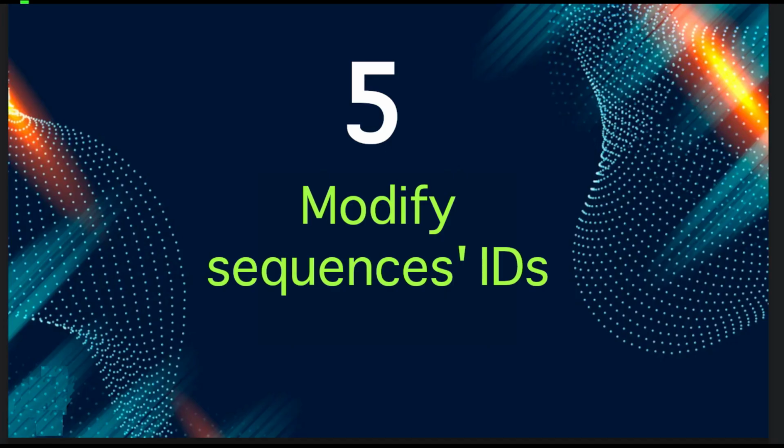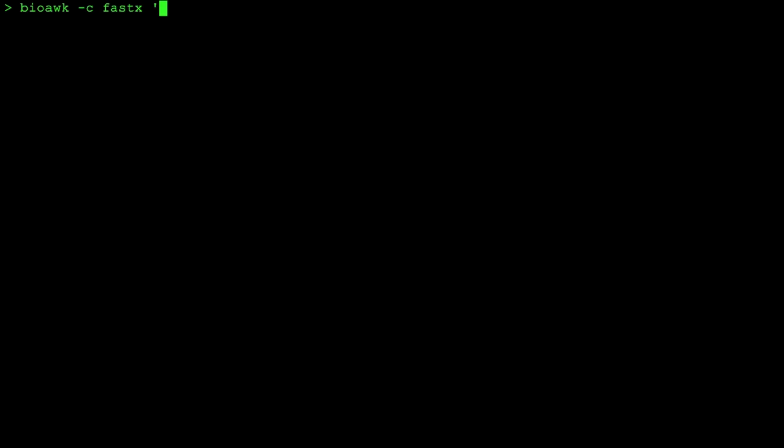Let's say we now want to modify the ID lines of a FASTA file. So what we can do is print, for example, a greater than sign. We can include here any prefix we want.